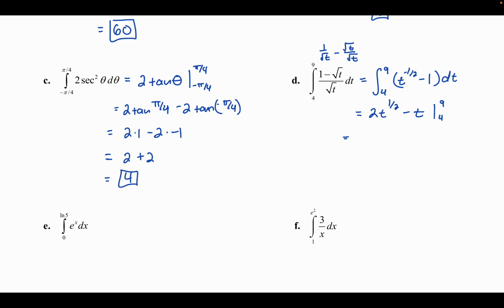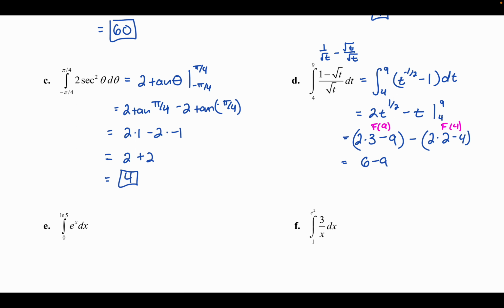That means we're going to plug 9 in first. This will really be 2 times the square root of 9, which is 3, minus 9. So that's my F of 9, minus 2 times the square root of 4, which is 2, minus 4. So that's my F of 4. This is just the fundamental theorem of calculus, part 2.